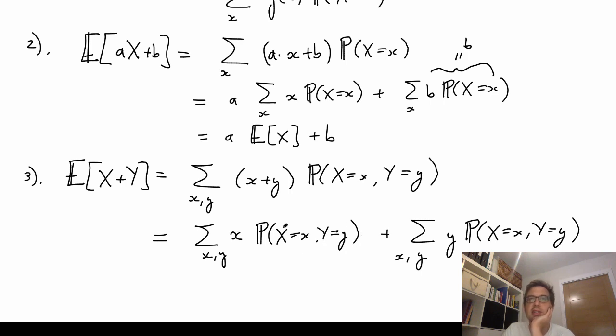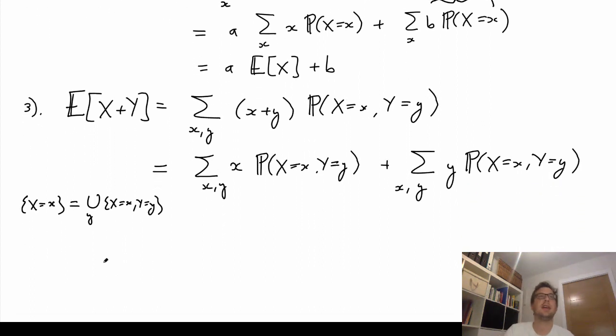So notice this stays fixed as I change y, and if I sum out all of these, I'm effectively taking the union of all these AND statements. So we could think of the event that X equals x being the union over all y of X equals x and Y equals y. In other words, these are all disjoint events, so we've got that the probability of X equals x is equal to the sum over y of the probability that X equals x and Y equals y, right?